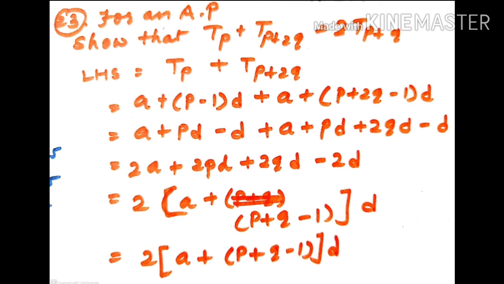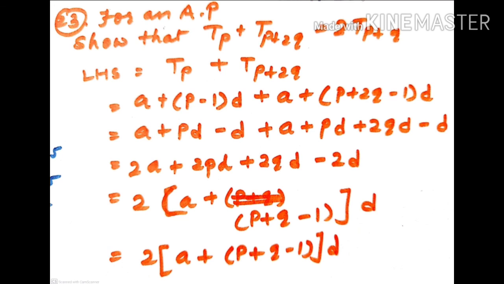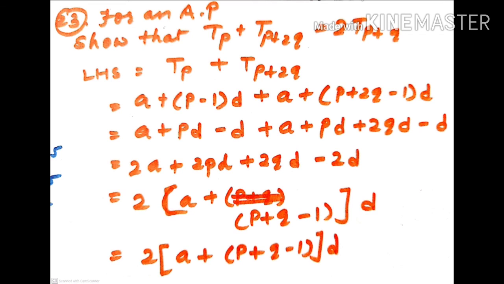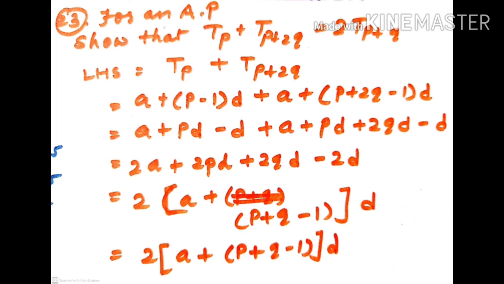In the next step 2 is taken common, and all the other terms, P plus Q minus 1, in the bracket with D taken common. Here A should not be in the bracket, that is a mistake I have written in the bracket. Actually only P plus Q minus 1 is with the D, so you write it accordingly. Okay, so 2 times A plus P plus Q minus 1 into D.